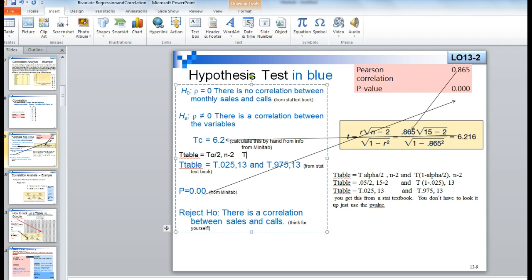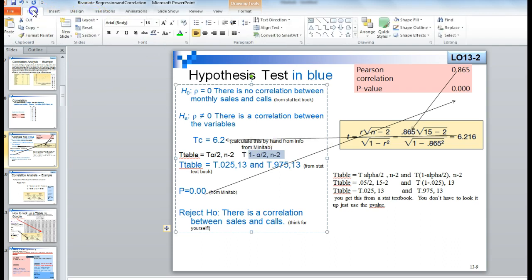Then we also have t 1 minus alpha over 2. And I would kind of like all of this down below, subscripted.